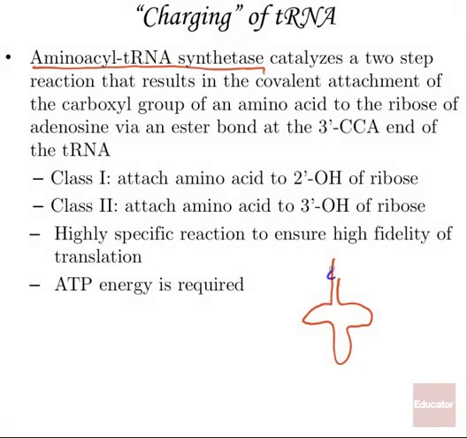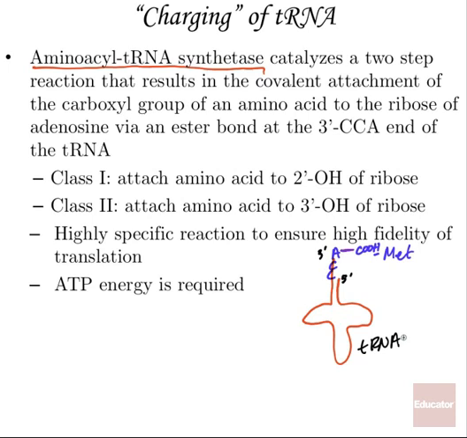Okay, this is, let's say, the CCA. So we have the carboxyl group of an amino acid. Let's say we have methionine, and we're going to say it's the carboxyl group. Its carboxyl group is going to attach via an ester bond to the adenosine on this 3' end. So this is 3', this would be 5', and once again, this is a tRNA.